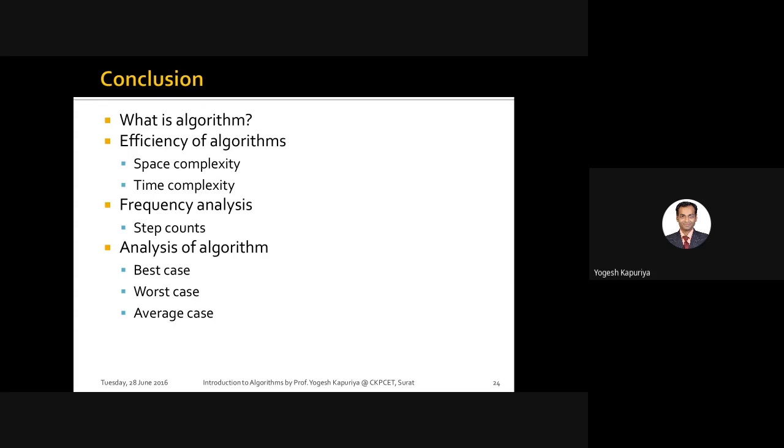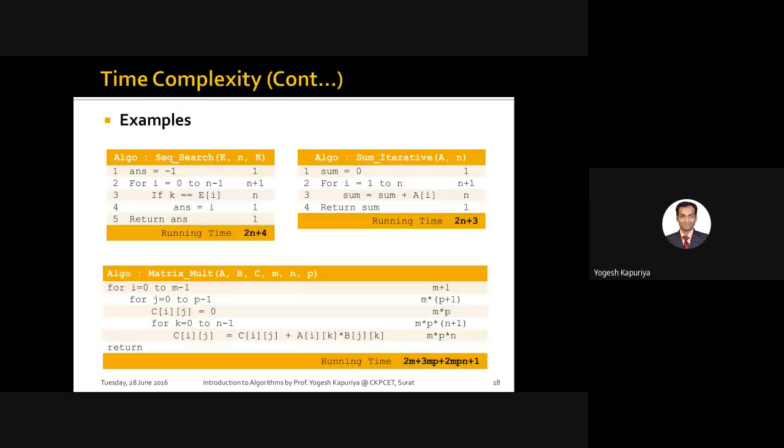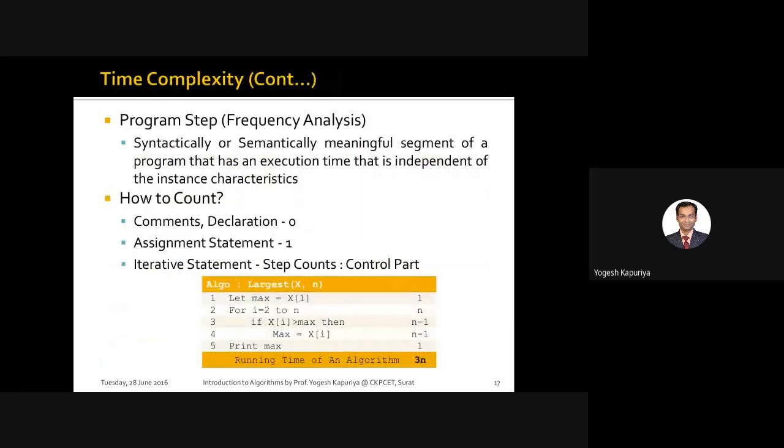But for performing an asymptotic analysis, the first step is counting the steps. For counting a step, we have three types of statements. You have comments or declarations, where the step count is 0. Any assignment statement, A equals B, A equals 5, A equals B plus C, A less than B, A plus plus, break statements, continue statements, are all considered assignment statements, and the step count is 1.